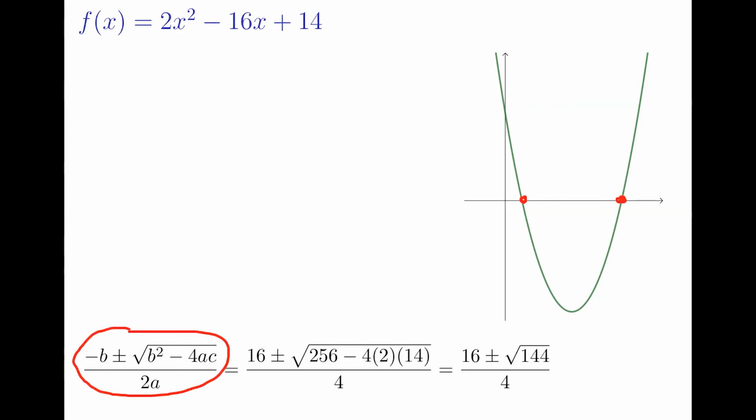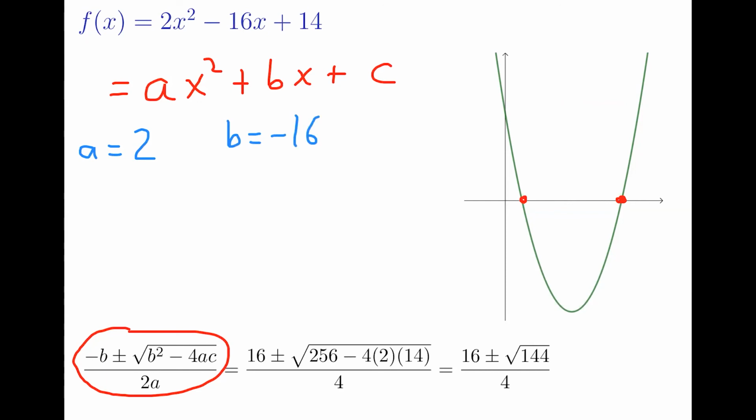And probably you've seen this before, but it's worth reviewing. The idea is that this function is supposed to have the form ax squared plus bx plus c. And in this case, the value of a is equal to 2, the value of b is equal to negative 16, and the value of c is equal to 14.